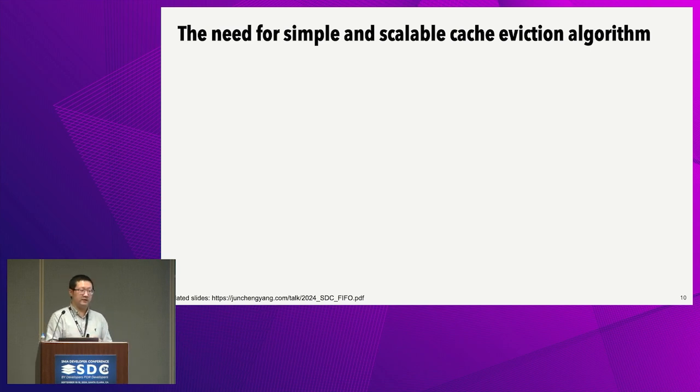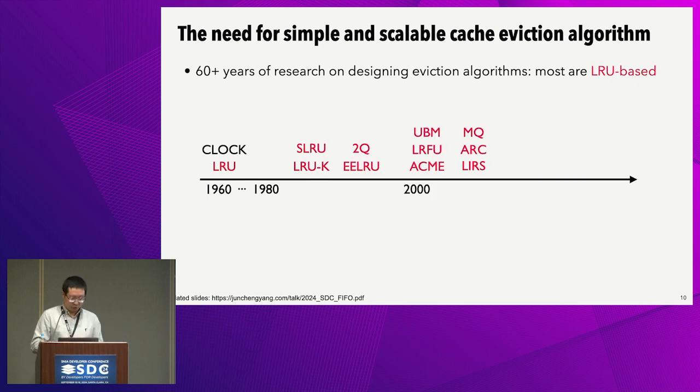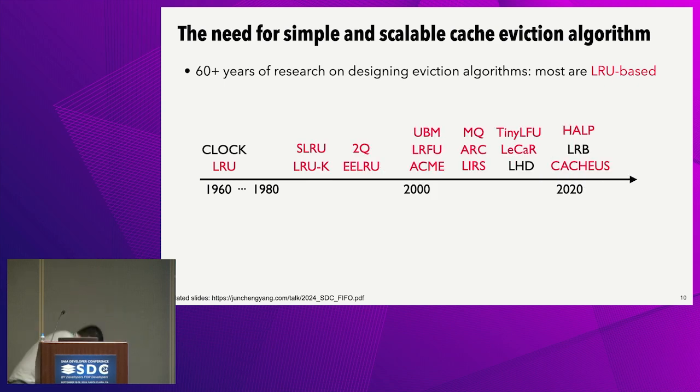The common ones like FIFO or LRU, everyone probably knows about. So if you look at the history of cache eviction algorithm study, most of them are LRU based, where LRU stands for least recently used.